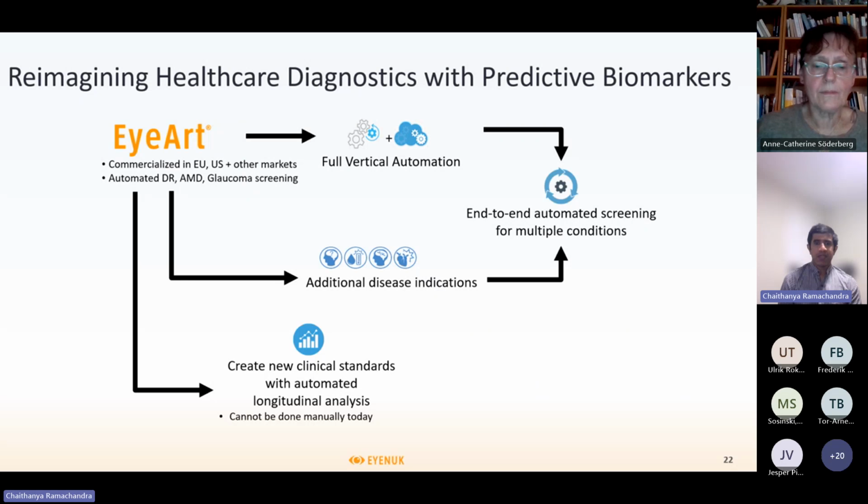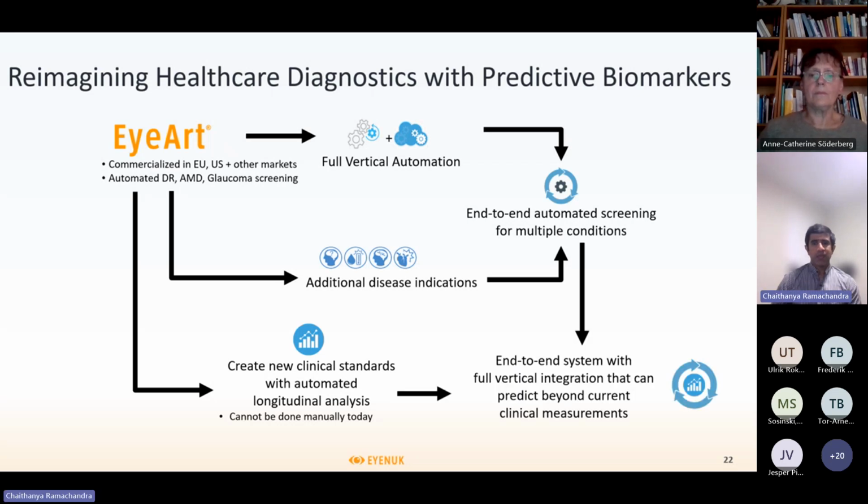longitudinal visits, and we align these images, we look for changes, we characterize these changes, and then we hope to build systems that can predict what current clinical measurements can't. This could be identifying patients who are at more risk for progressing into severe forms of the disease at an early stage.